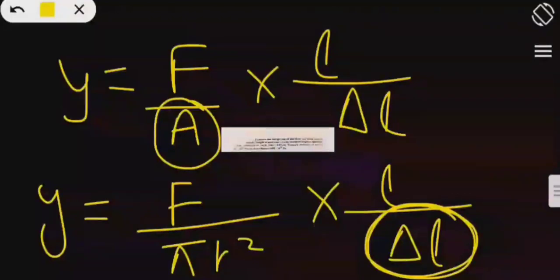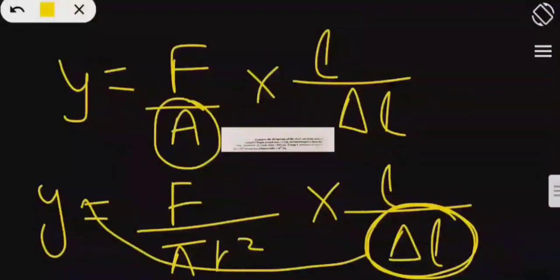Okay, so how can I find it? Let me replace it. This delta L will go here and this Y will come here.